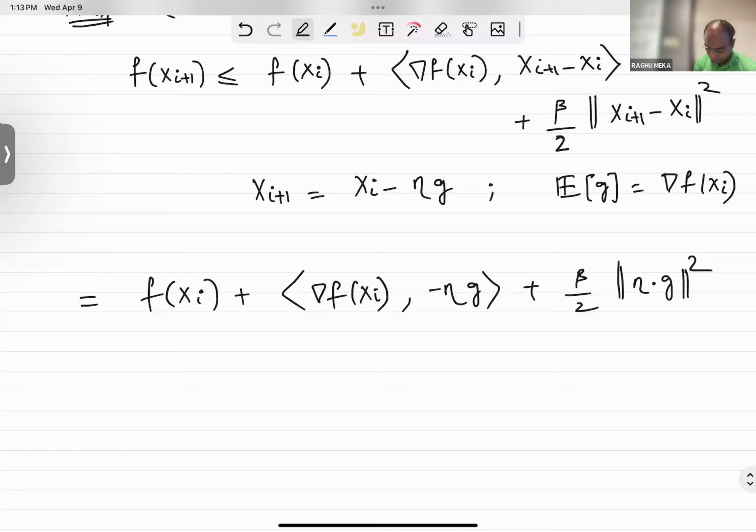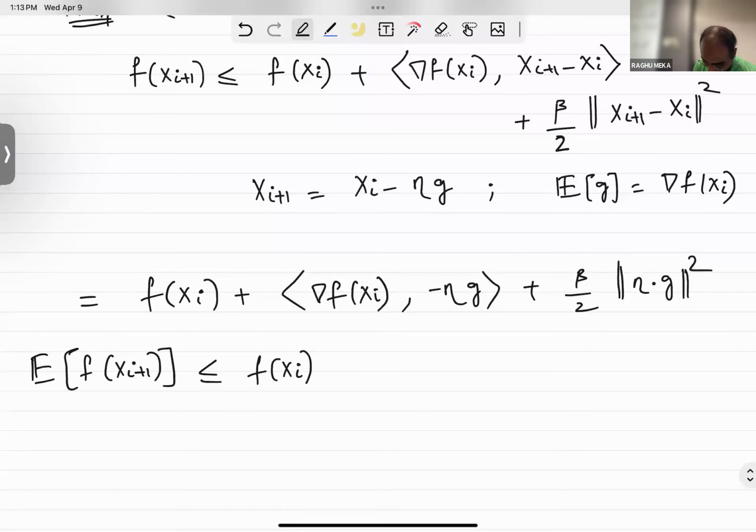All right. And if I take expectations of this whole thing, it is less than or equal to f of x_i plus gradient f of x_i, and maybe I should put it here. And the expectation of the gradient is the gradient. So I get something nice.